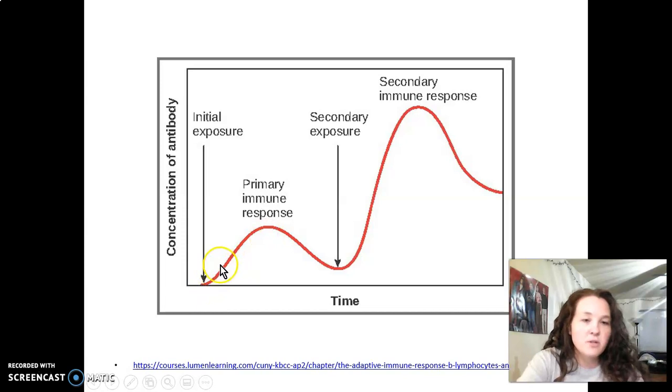So initial exposure, there's not a lot of virus, so not a lot of antibodies have to be made. And then the second spike is when the body encounters the actual virus. And you can see that the amount of antibodies increases much more quickly, and it increases to a greater rate the second time that it sees the virus.